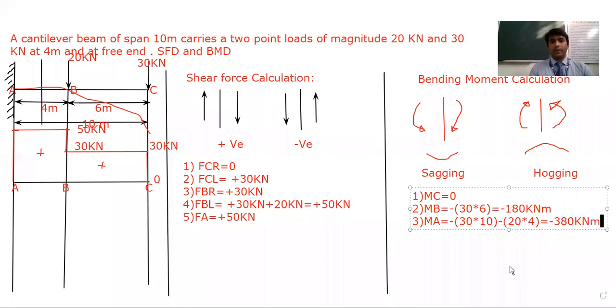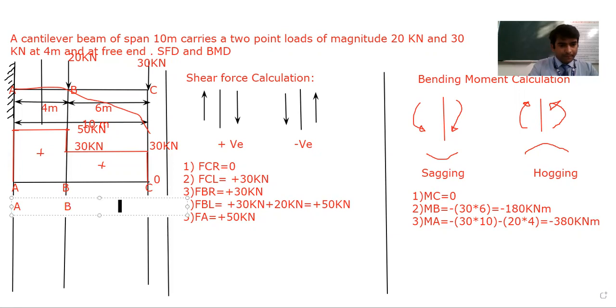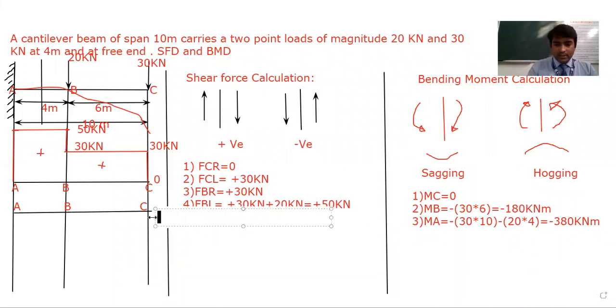Here in this case we can again draw the x axis, the zero line. Again, this is A, B, C point: this one is A point, this one is B point, and this one is C point. At the C point, bending moment is 0.